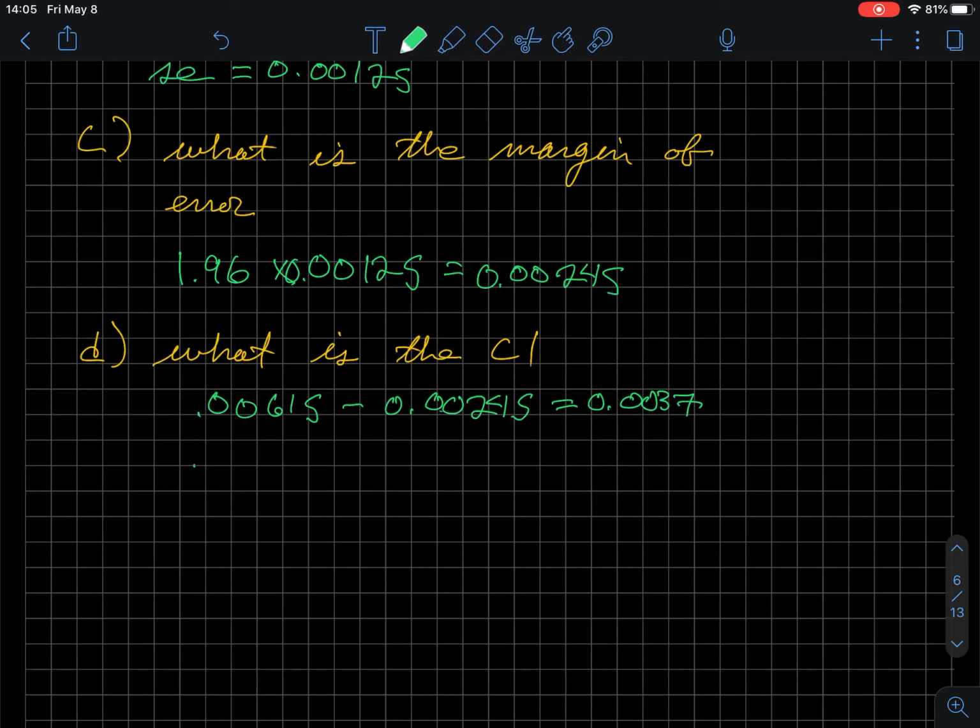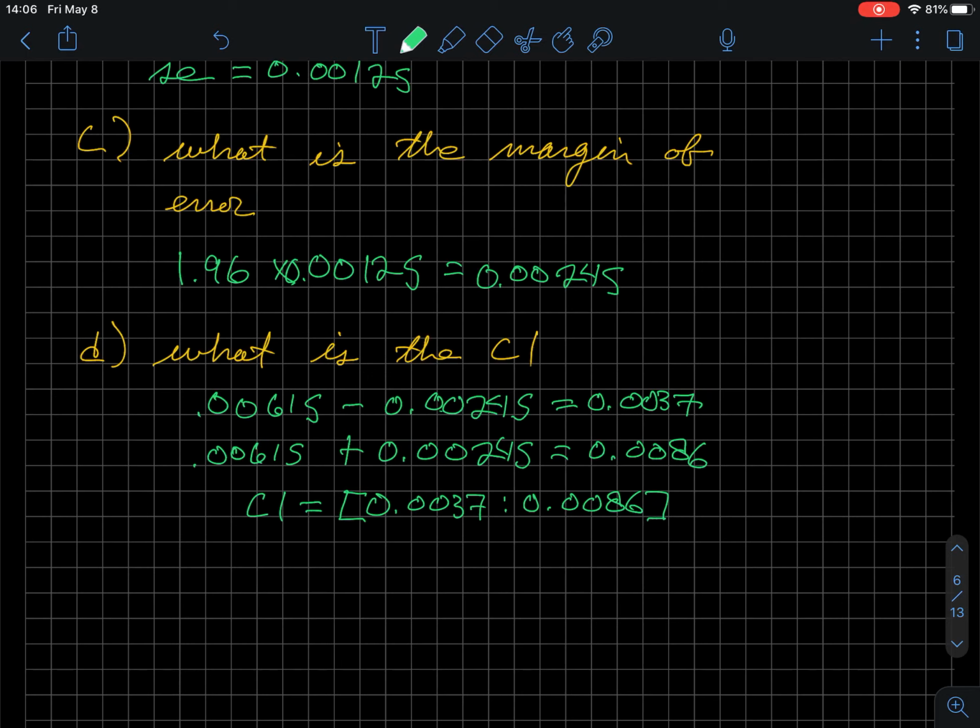We would also do 0.00615 plus 0.00245, and this will equal 0.0086. So the CI is 0.0037 to 0.0086, and that would be our 95% confidence interval.